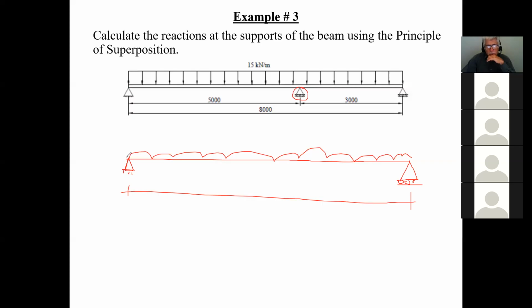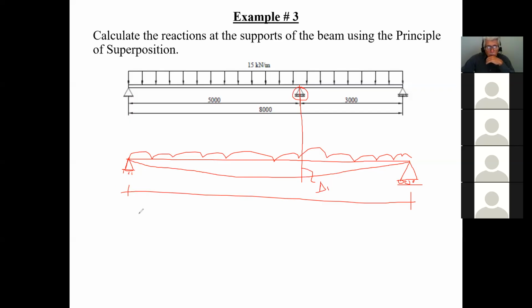Can I calculate the deflection caused by this load, right where I took off the reaction? In other words, the deflection right here. Yes, by using the formula. Exactly. So using the formula, I'm able to calculate the deflection right where I removed the support. Agreed?